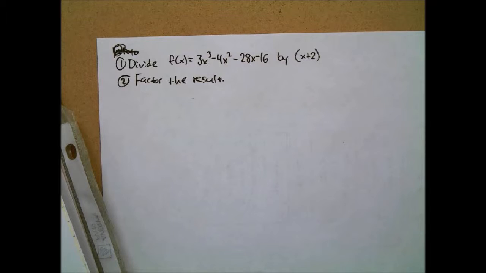Drop down the 3 first. Just leave it as 3. And then you do 3 times negative 2, which is negative 6, and then you're going to add.